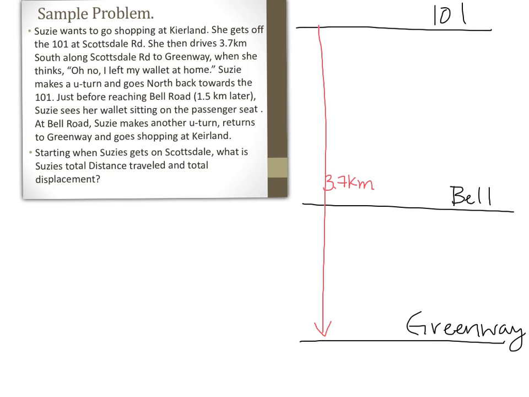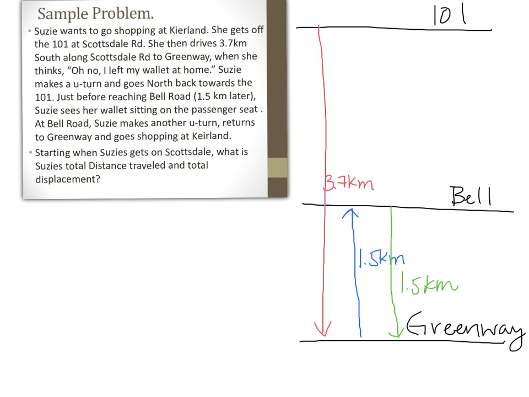And then she makes a U-turn and goes north back towards the 101. Just before reaching Bell Road, she sees her wallet. So we go from Greenway to Bell, and that's 1.5 kilometers. And then lastly, when Susie realized that she actually does still have her wallet, she turns back around and goes the second 1.5 kilometers to Greenway.